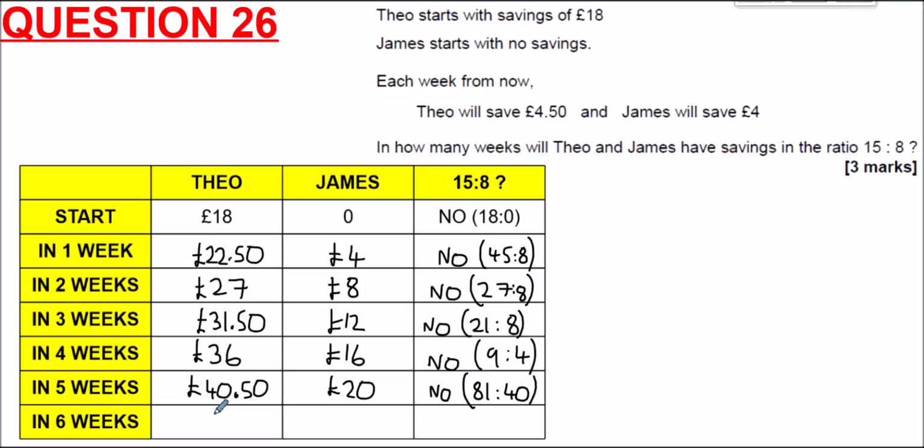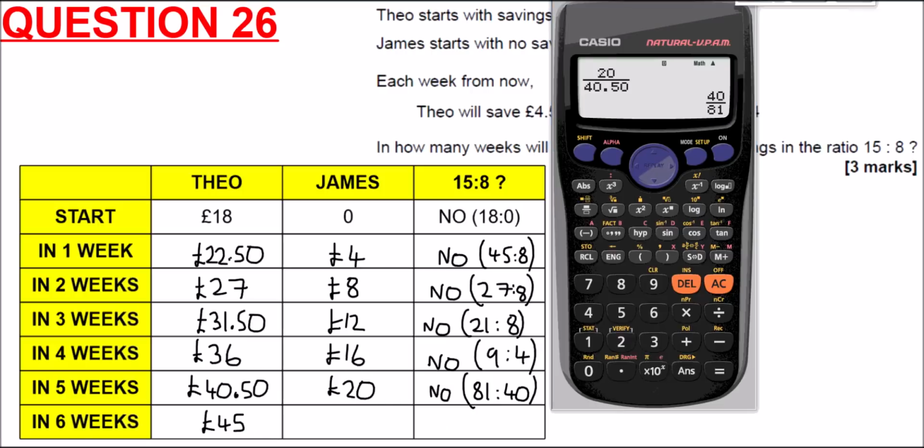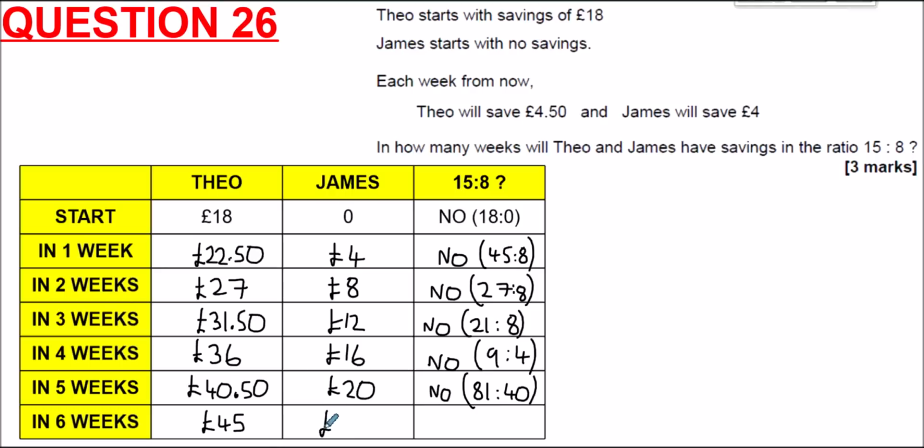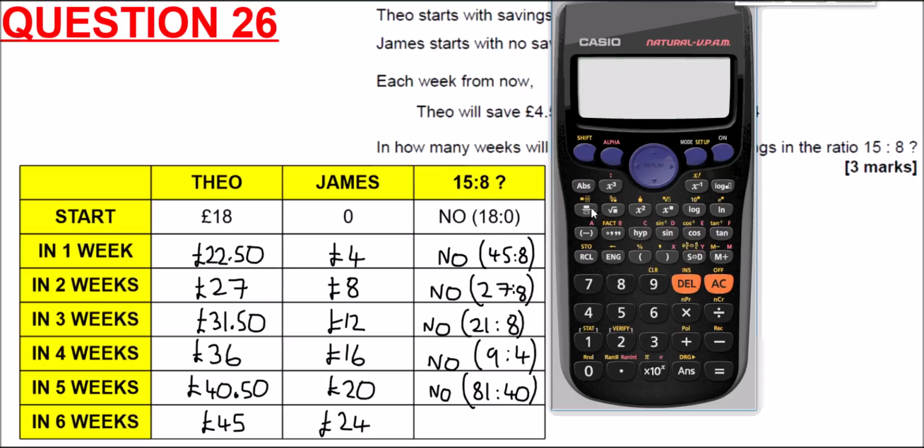And if we go again, add another £4.50 on for Theo, £40.50 plus another £4.50 is £45. And then for James, add on another £4, which is £24, and see what this would be simplified. 24 over 45 becomes 15 over 8. So actually that does work.